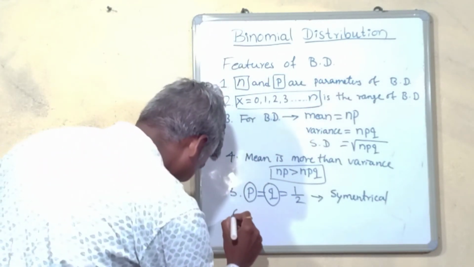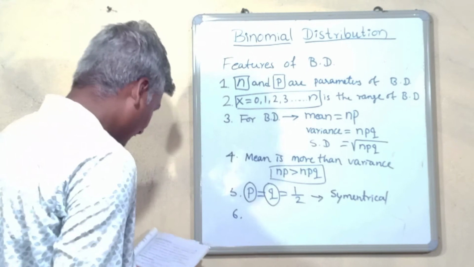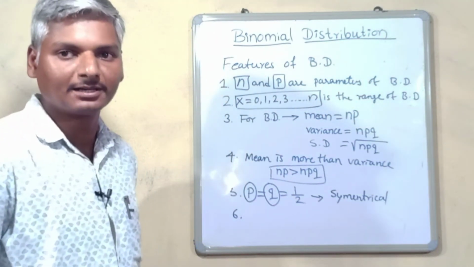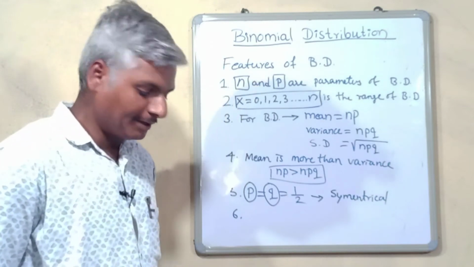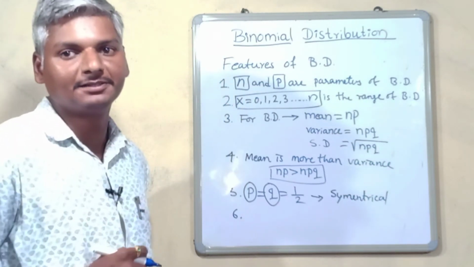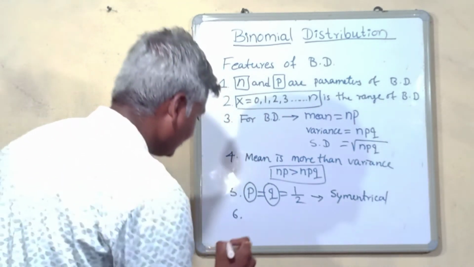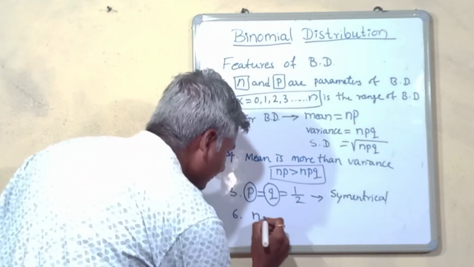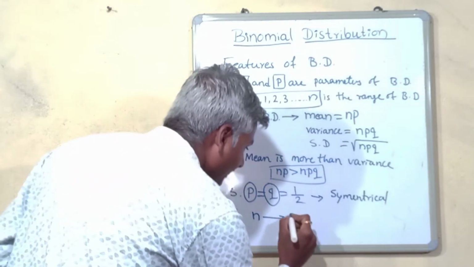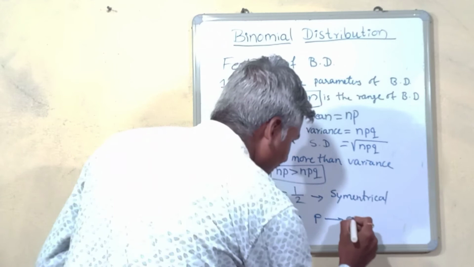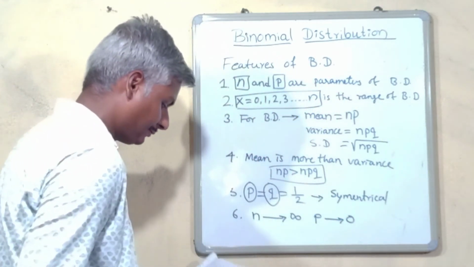Then the sixth one is binomial distribution tends to be Poisson distribution where n is very large and p is very small compared to n. That is, n tends to infinity and p tends to almost 0.